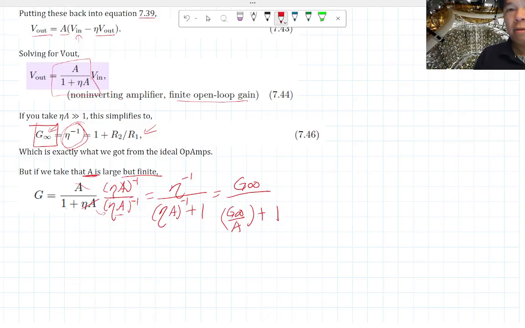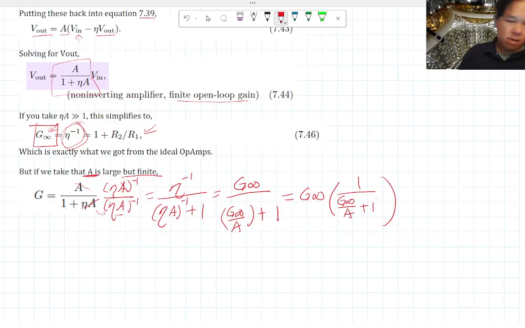Okay. Then I'm going to factor this g infinity out. When you factor this g infinity out, let's see what you get. Well, you get 1 over g infinity over a plus 1.